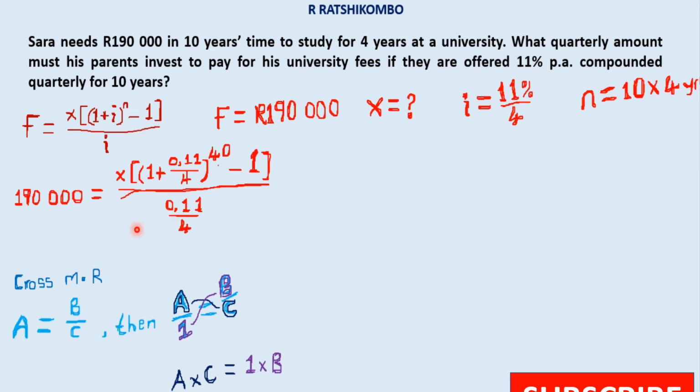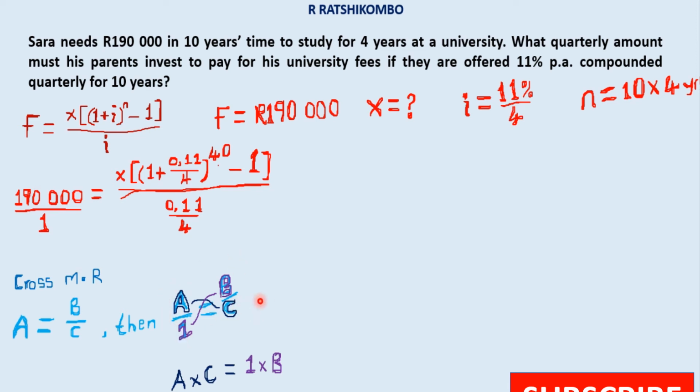If you check, this 190,000 occupies the position of A. The whole of this upper part, from x down to the last part here, is more like our B. And this part down here, which is 0.11 over 4, is more like C. So if we want to introduce this form, we are going to divide here by 1, like this, so you can see that this expression is now in this form.